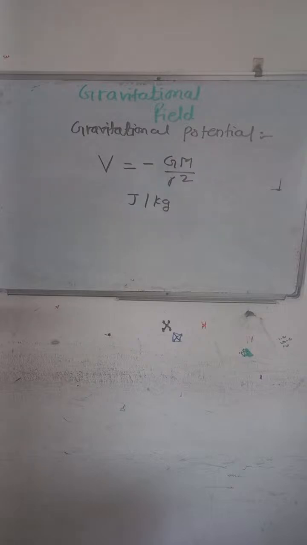Write down: Gravitational potential at a point in the gravitational field of the earth is defined as the amount of work done in bringing a body of unit mass from infinity to that point.